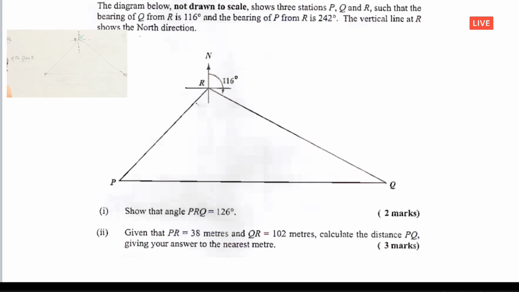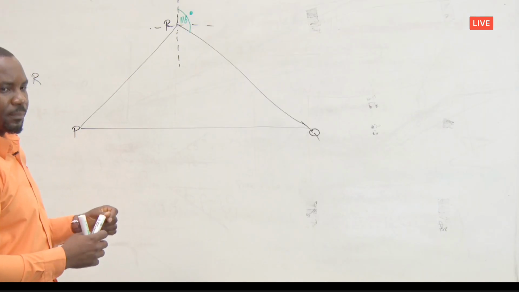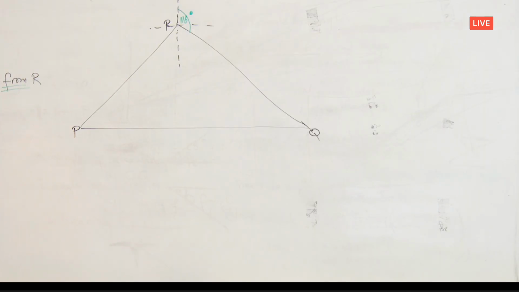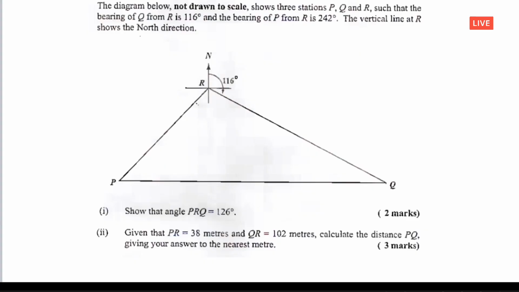Already some things are lighting up in your head, because you know if this is your 90-degree part, then this angle would be easily solved by taking away 90 from this 116. All right? So let's continue and see what else we get in the question.